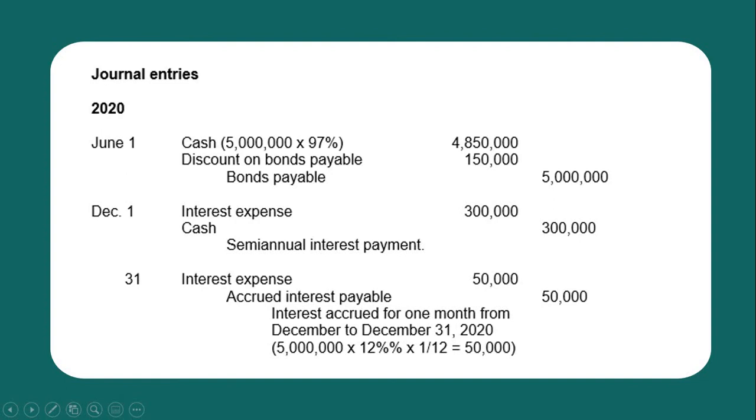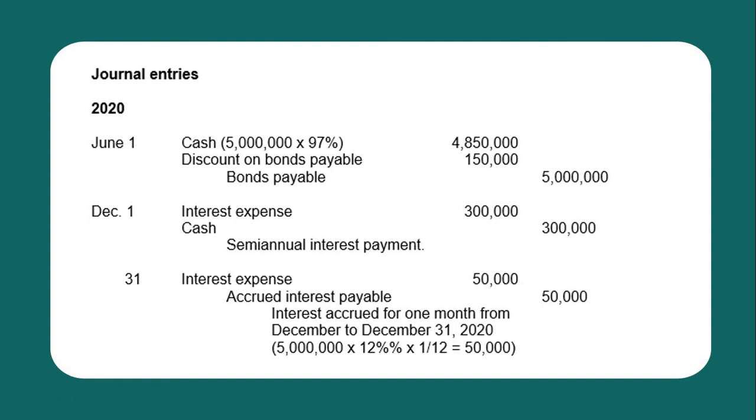For December 31, we need to accrue interest, since the next interest payment will be on June 1. During the month of December 2020, interest accrued for 1 month only. So we have 5 million times 12% times 1 over 12, which is equal to 50,000.